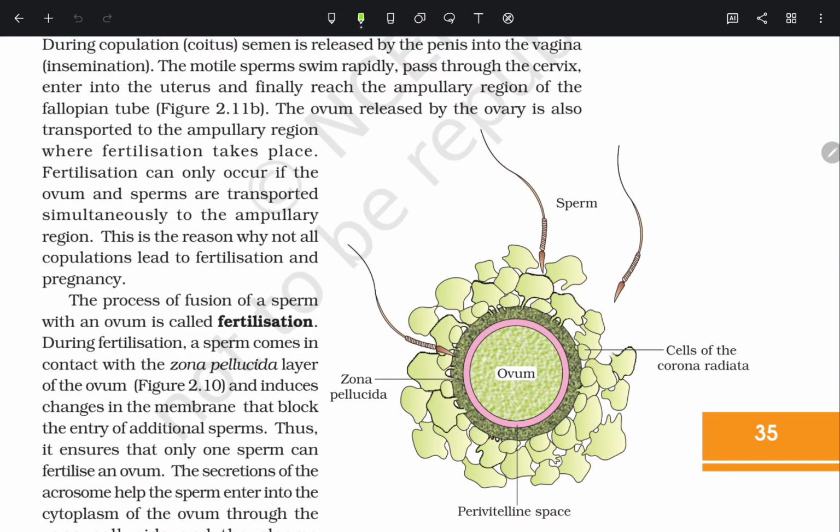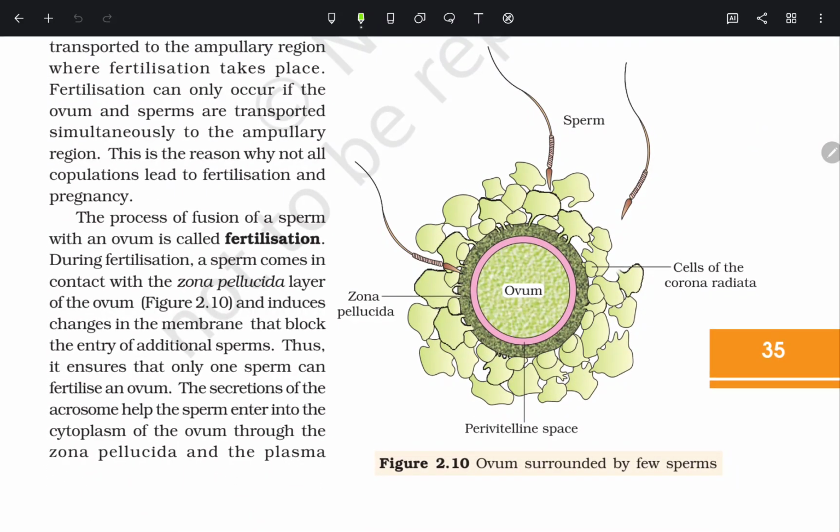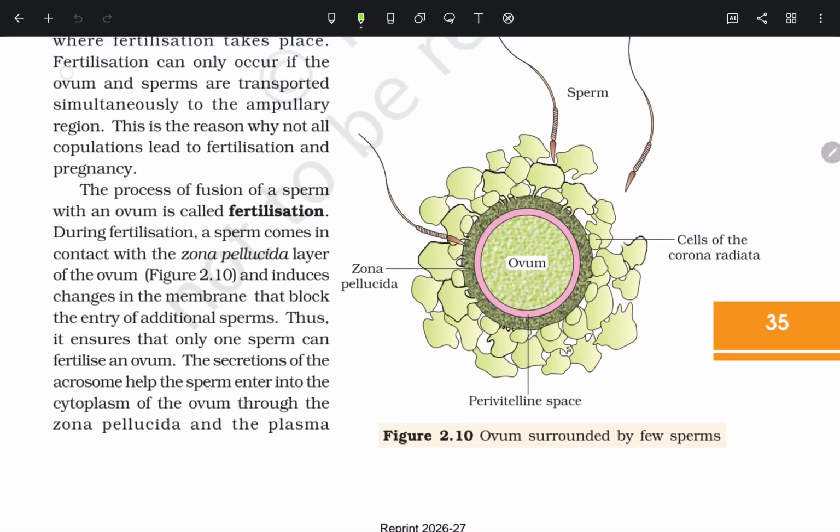The ovum released by the ovary is also transported to the ampullary region, where fertilization takes place. Fertilization can only occur if the ovum and sperm are transported simultaneously to the ampullary region. This is the reason why not all copulation leads to fertilization and pregnancy.